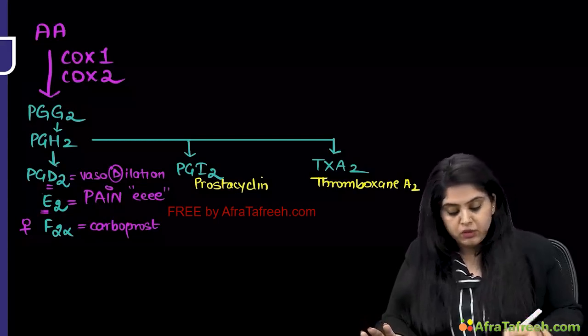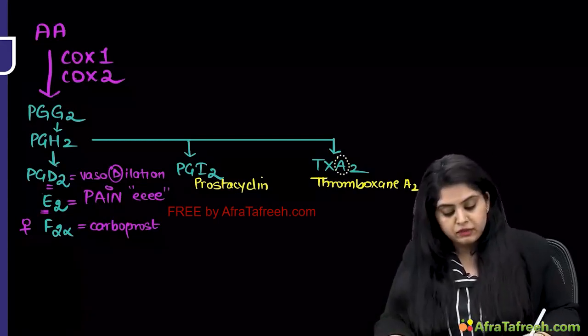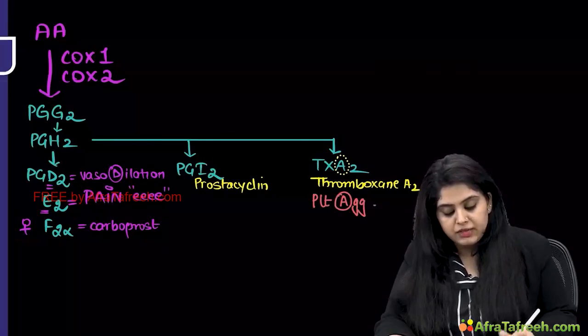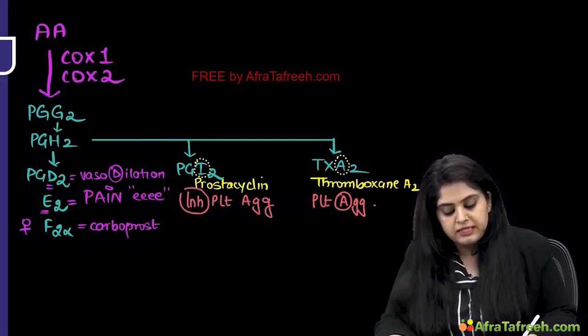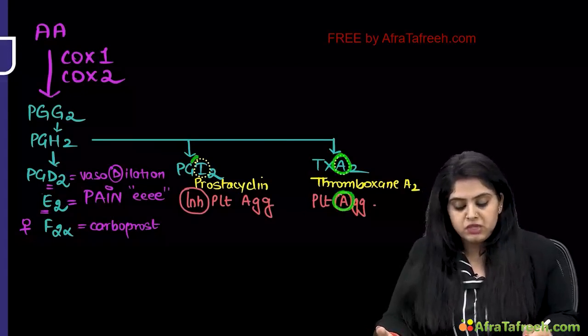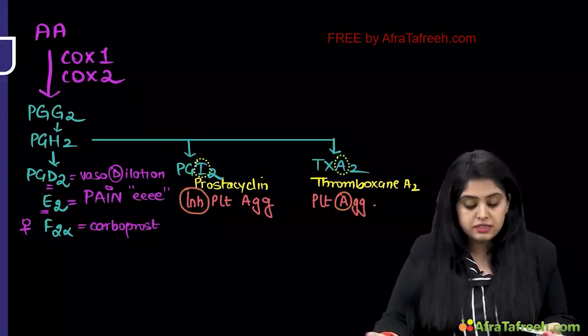Thromboxane A2 will cause aggregation. This causes platelet aggregation. PGI2, I for inhibition. This is going to inhibit platelet aggregation. How simple, na? Thromboxane A2 causes aggregation. PGI2 inhibits the platelet aggregation. Very, very easy, isn't it?